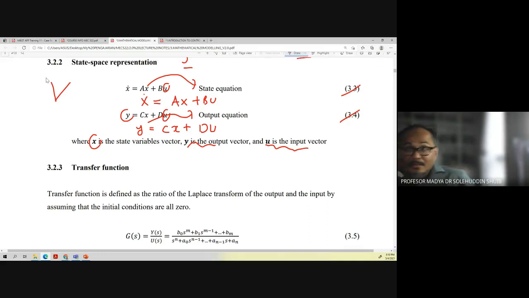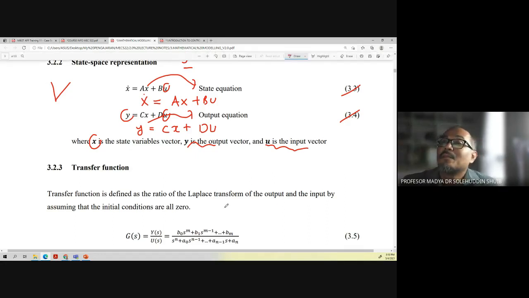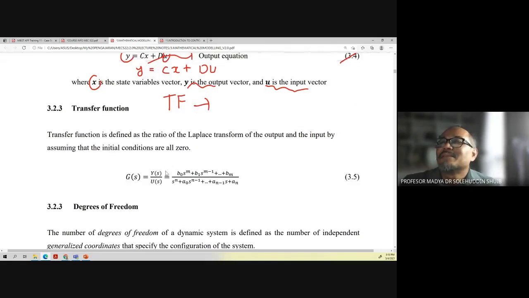All right, next we proceed to the important part of this topic, which is the transfer function, TF.